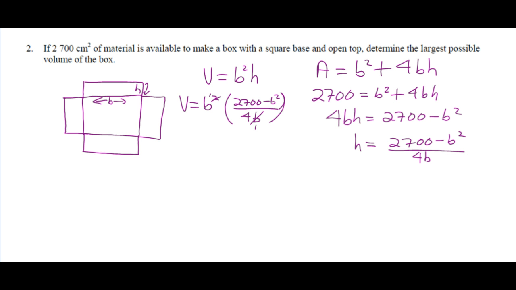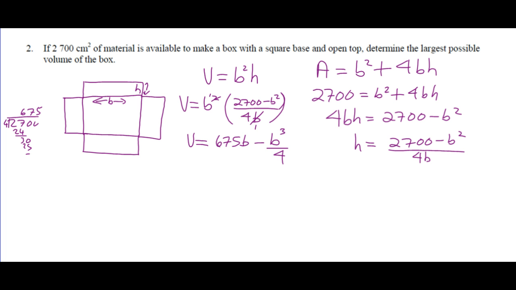So 2,700 divided by 4. 6 gives me 24, and we got 30, which is 7, and 2, 675. So we've got B times this, which will be 675B minus, okay, we've got B times B squared over 4, so minus B cubed over 4.